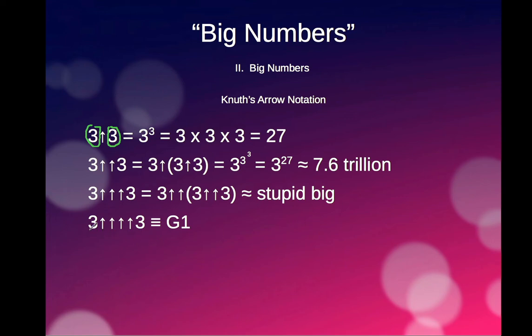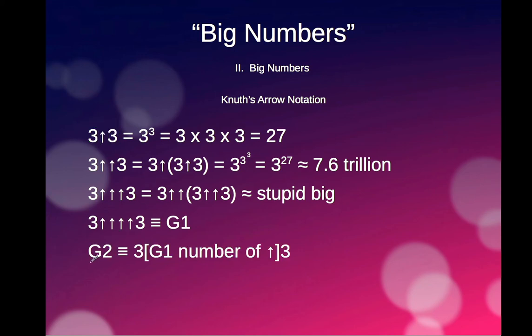So remember that 3 triple arrow 3 could be written as a stack of 3's, 7.6 trillion 3's tall. So 3 quadruple arrow 3 is even more ridiculous than that, whatever that ends up being. Let's look at the next number here.